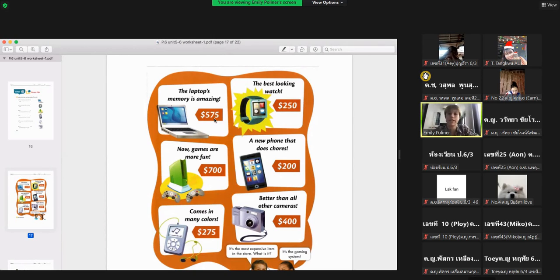$575. Oh my goodness. The best looking watch. It looks the best. Maybe it's the prettiest or the coolest looking. And it's $250. Now, games are more fun. This is our gaming system. $700 for the gaming system. That's pretty expensive.